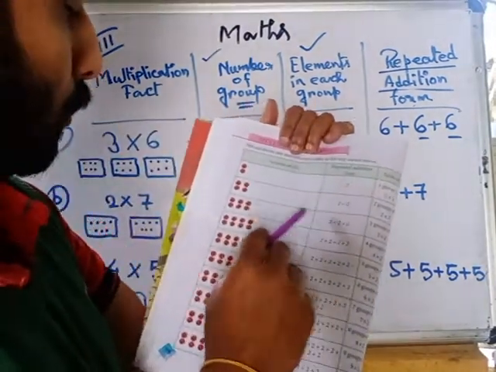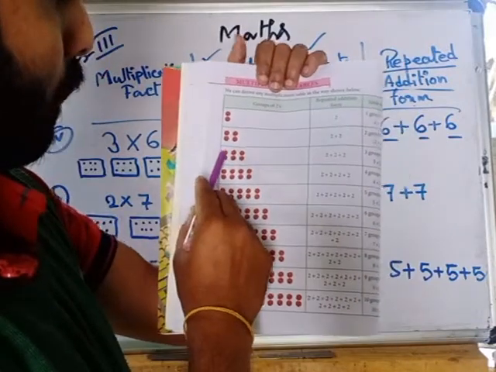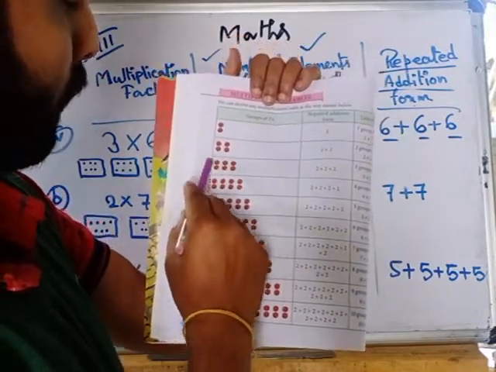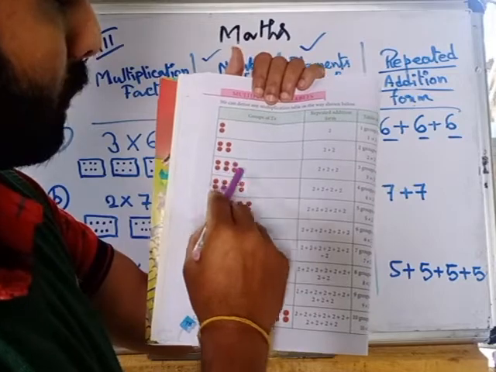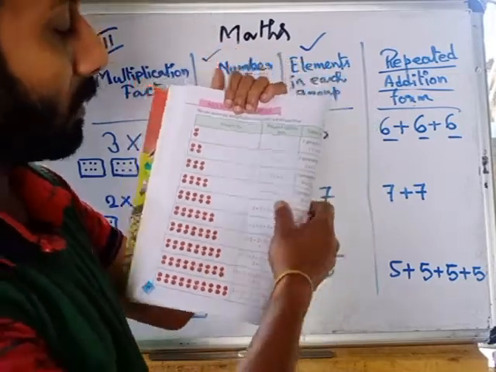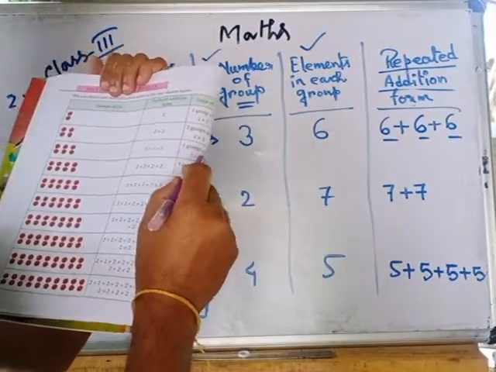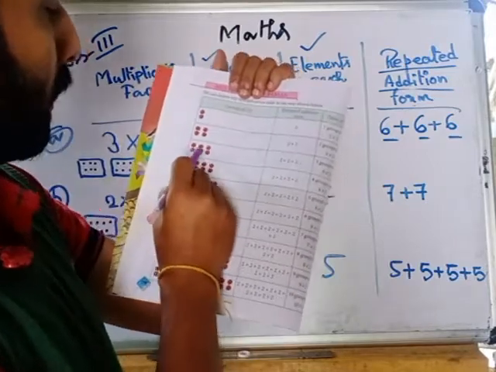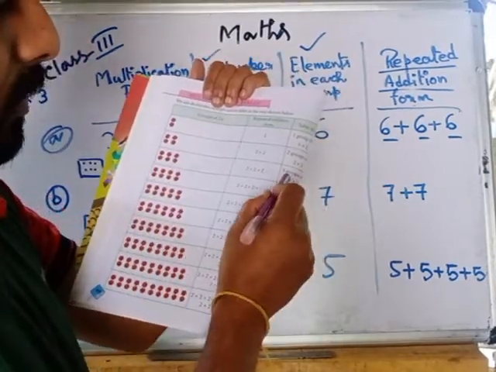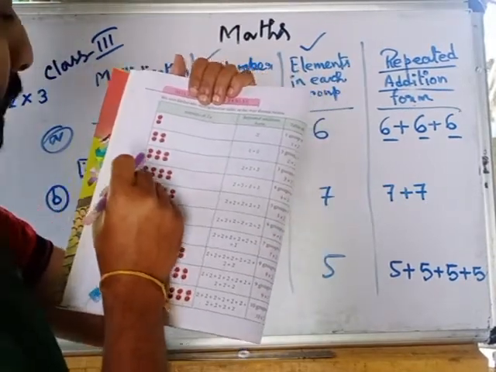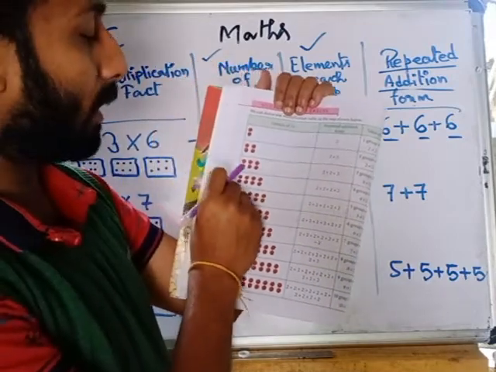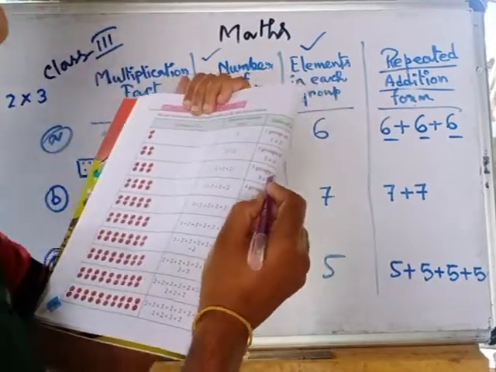So we should write here 2. How many times? 1, 2, 3 times. So we should write here 3 times. That means 3 multiplied with 2. Because 3 groups are there, we should write 3, and each group has its own 2 elements, so we should multiply with 2.